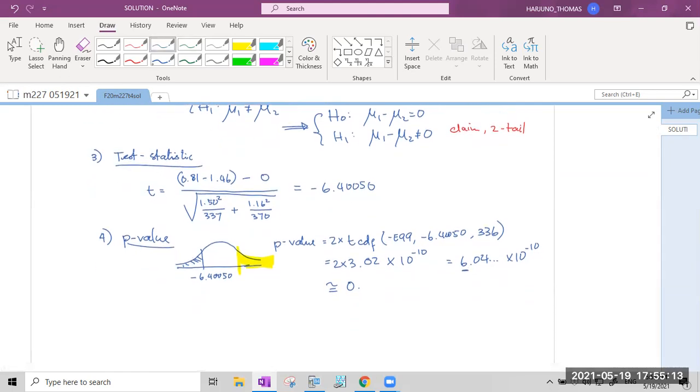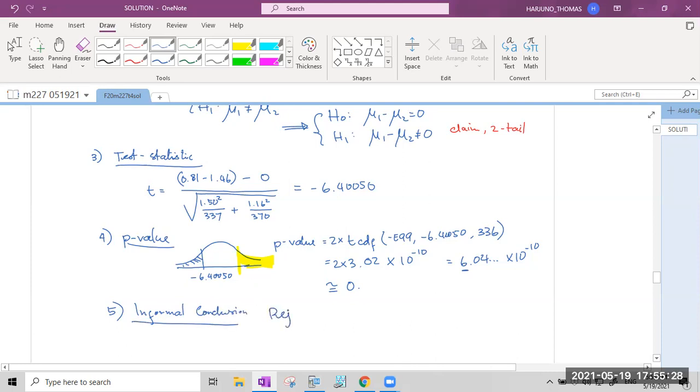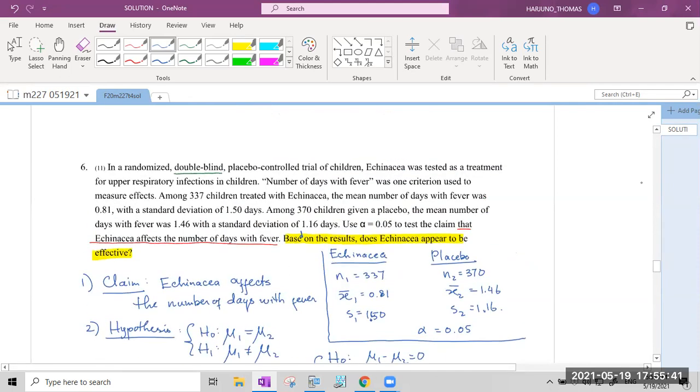Okay, effectively 0. So step 5, informal conclusion. We will reject the null hypothesis. In step 6, conclusion. What is the alpha again? I think it's 5%, right?